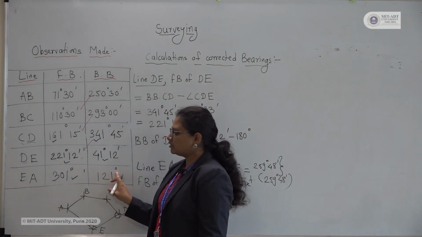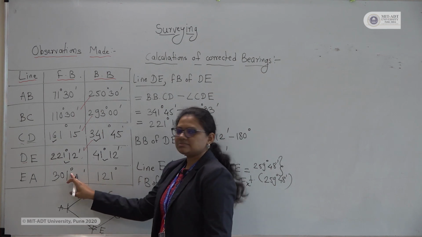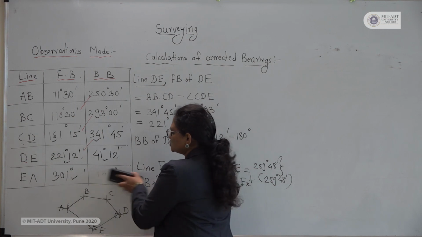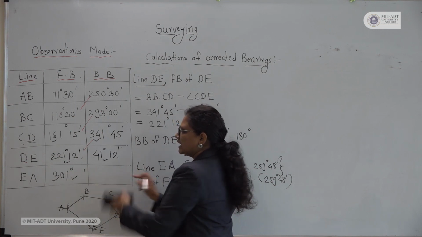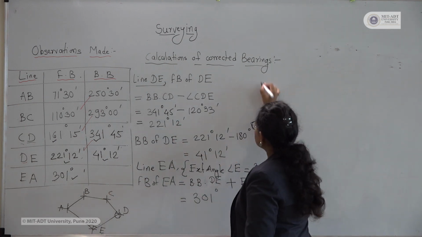Now, if we have to find out the corrected value of this back bearing, then what you will do? You will simply subtract 180 from this value because this one is more than 180 degree. So, I will write down the step here.